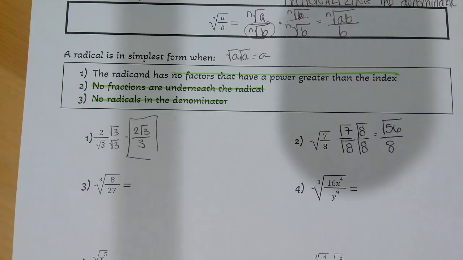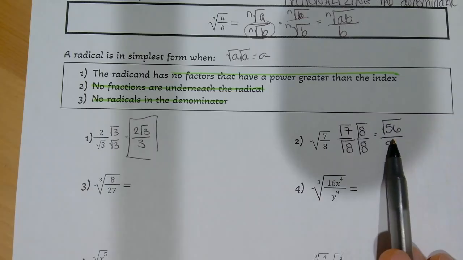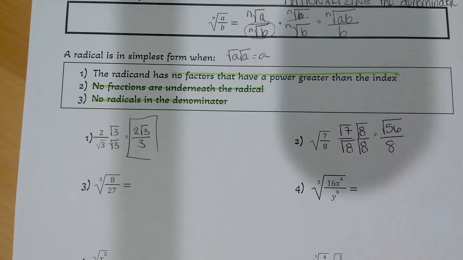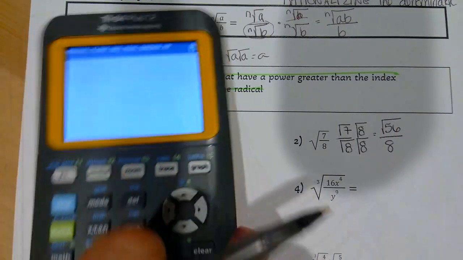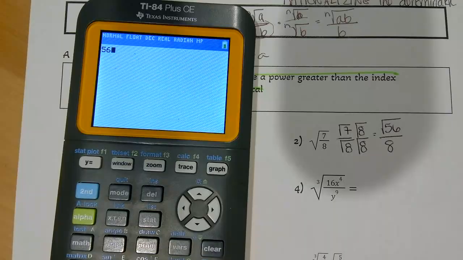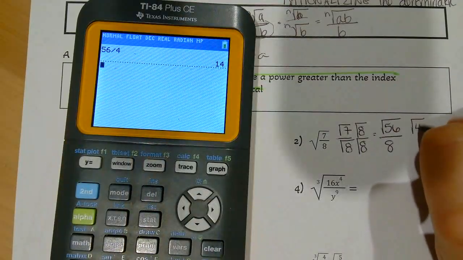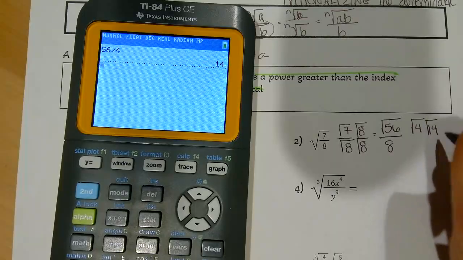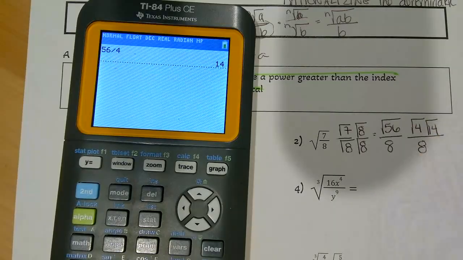All right, so now I've got to ask myself, can 56 get simplified? Well, itself is not a perfect square, but is there a perfect square that goes into it? And maybe that one's not as obvious. Let's start trying here. My first perfect square is 1, then it's 4. Oh, 4 goes in there. So I can break this down as root 4 times root 14, all over 8. And then I'll say, oh, I know the square root of 4 is 2.